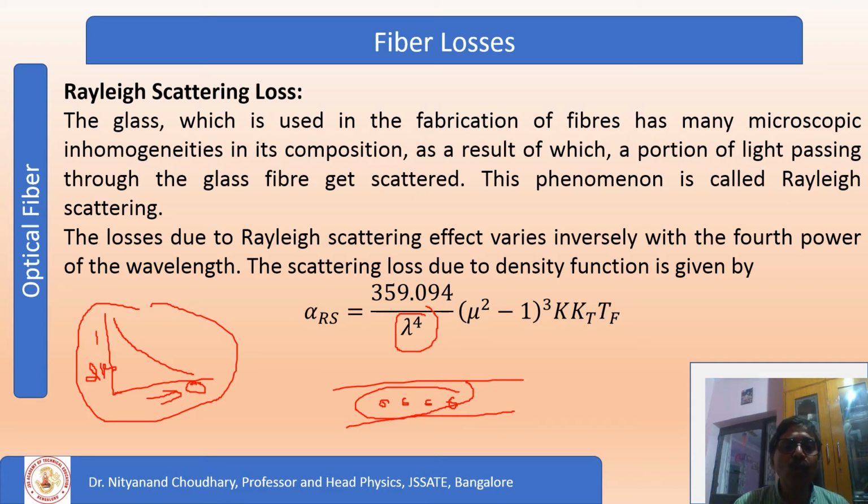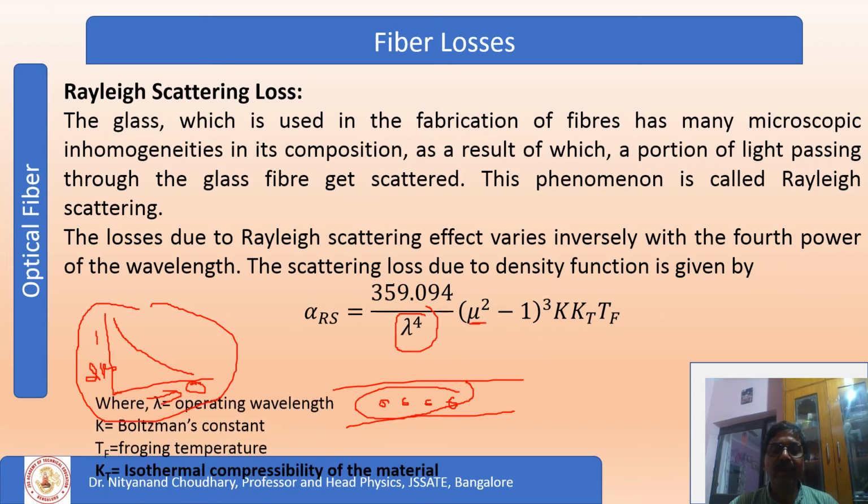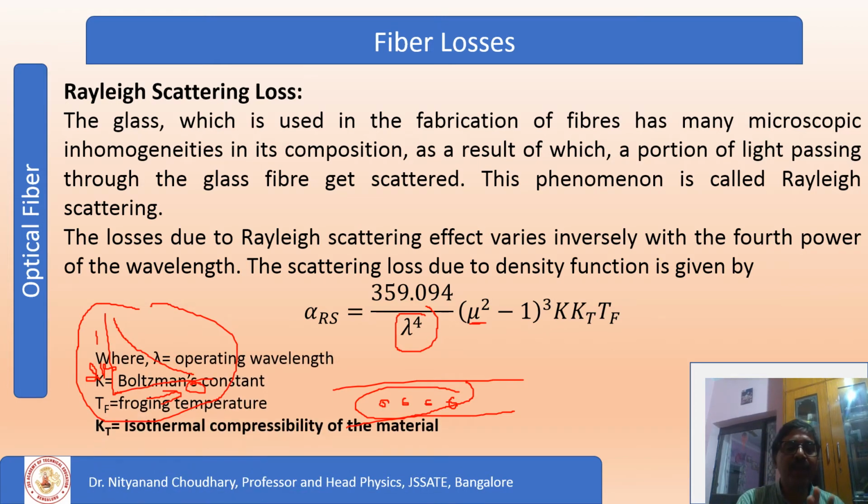The loss due to the Rayleigh scattering effect varies inversely with the fourth power of the wavelength, and it is given by this formula. A_RS is equal to 359.095 upon lambda to the power 4, mu square, where mu is the refractive index of the core, minus 1, into KT and T_F, where these symbols have all the usual meanings, which I have already written there.